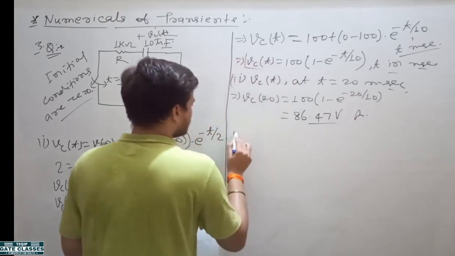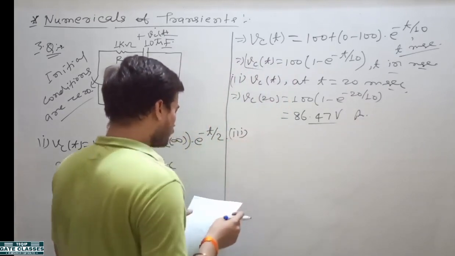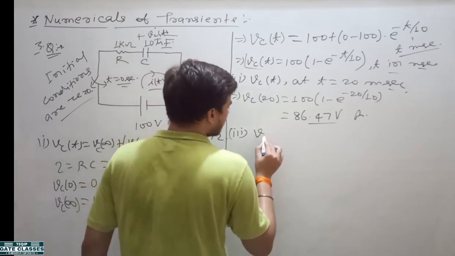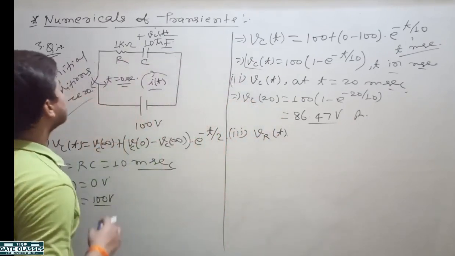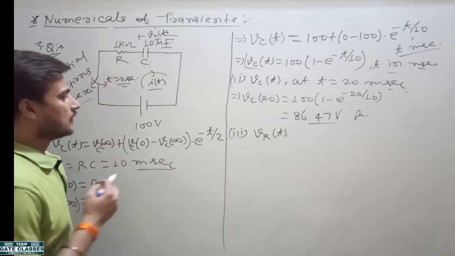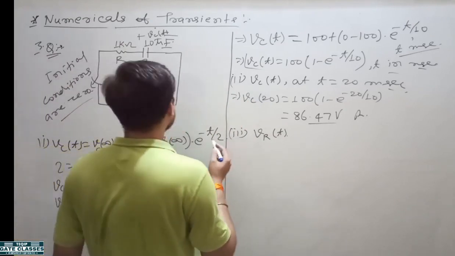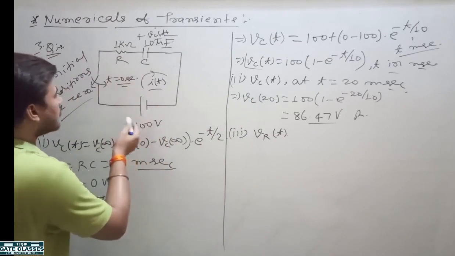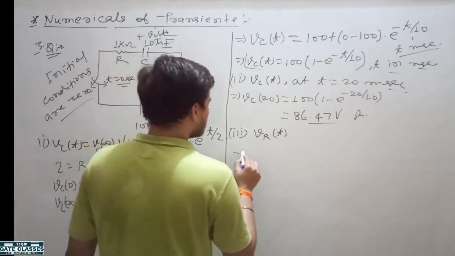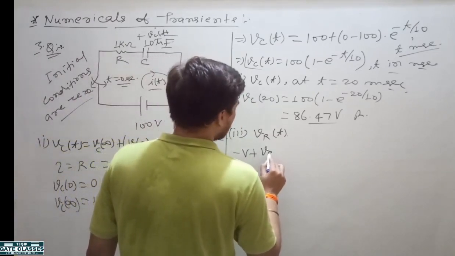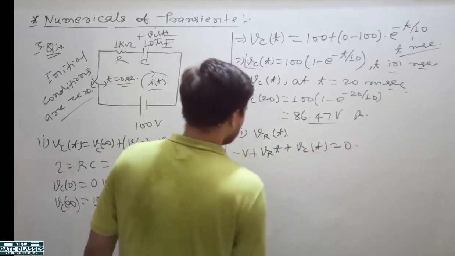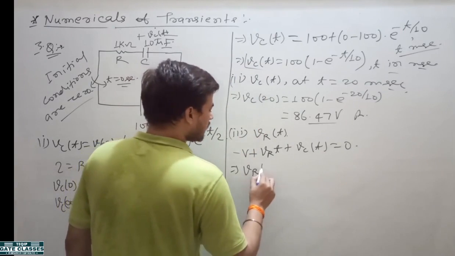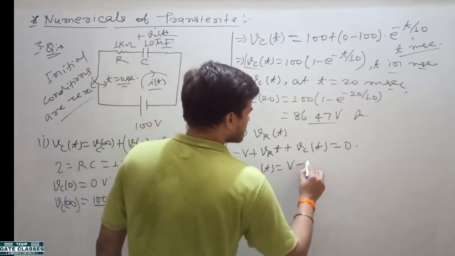Third part. We have to write the expression for the voltage across the resistor, VR(t). What will be the expression for VR(t)? Again you have to apply KVL. If you apply KVL, minus V plus VR(t) plus VC(t) will be equal to 0. From here VR(t) can be written as V minus VC(t).